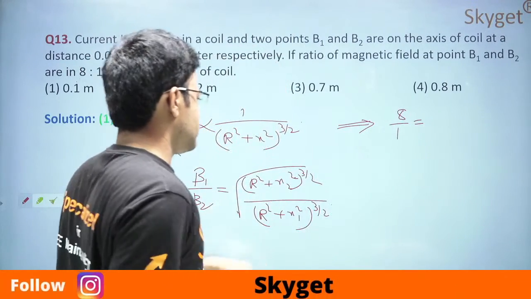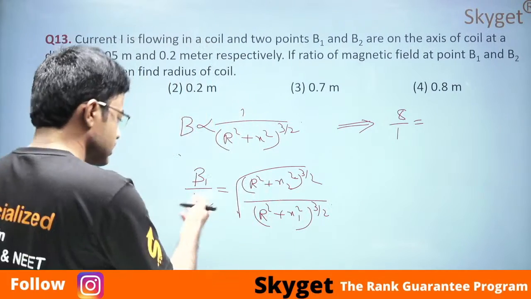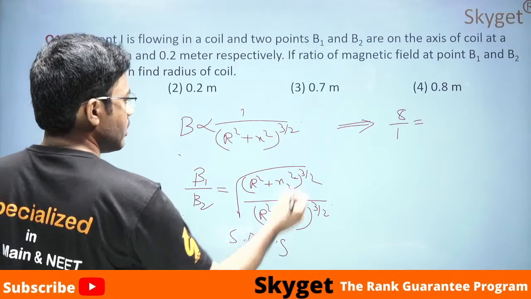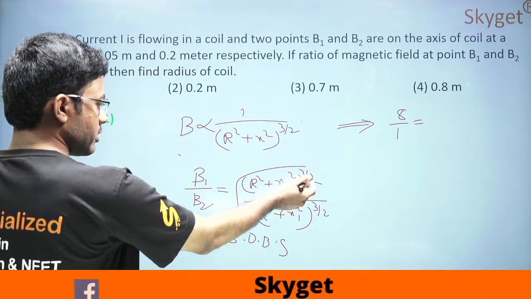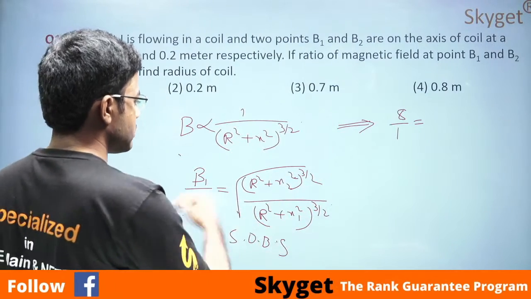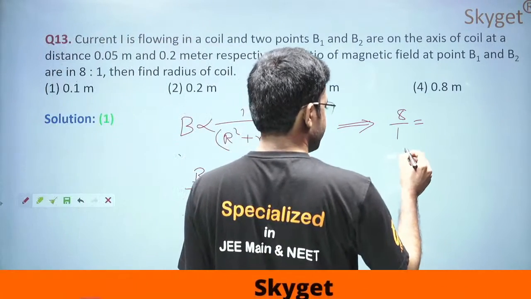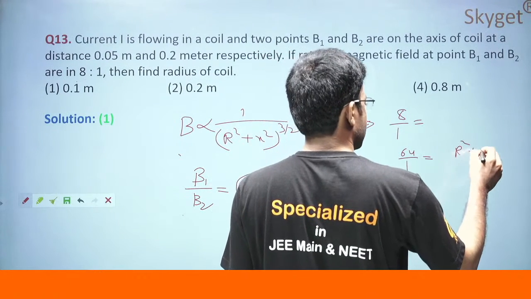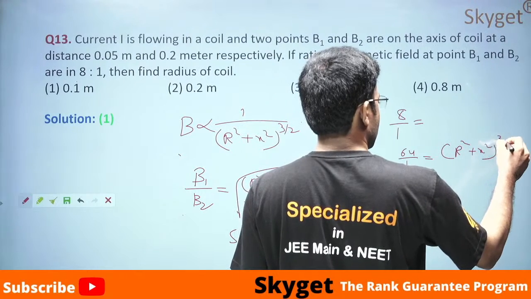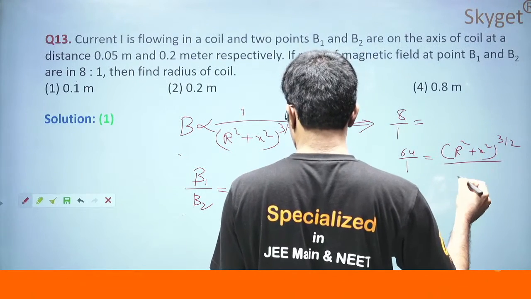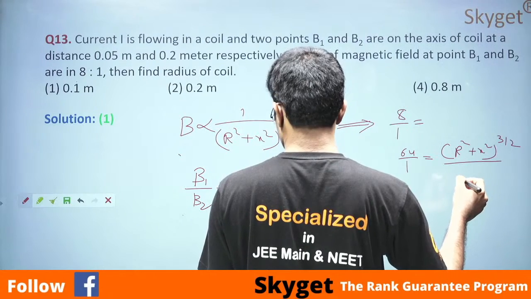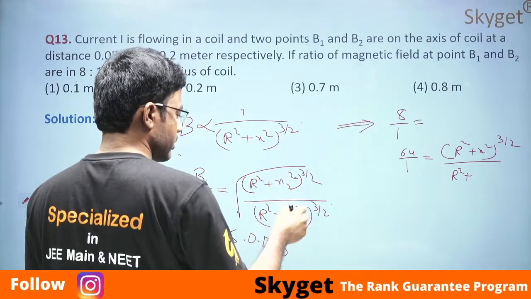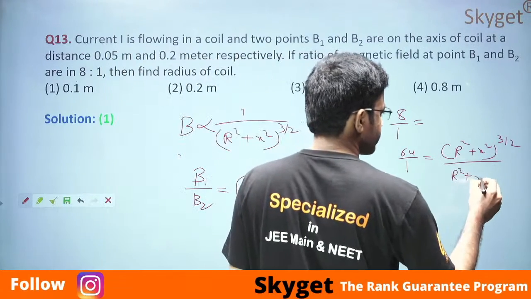So this is given. Or else, if you square on both sides, it becomes 64 by 1, or else bring that power 3 by 2 onto this side. That is like 64 by 1 is equal to r square plus x2 square by r square plus x1 square, whole power 3 by 2, and as this is a square, actually it is 1 by 2.